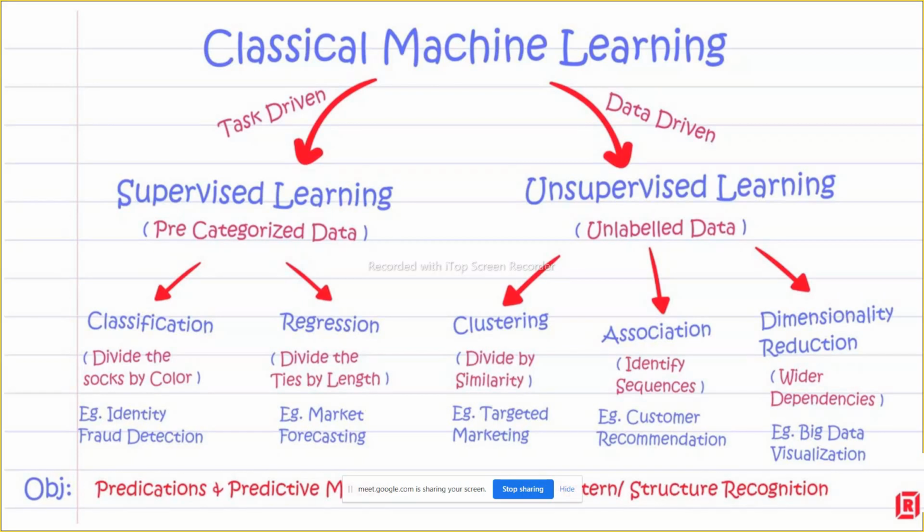So when you use the supervised method, you must have training data or pre-categorized data. When you use the unsupervised machine learning method, you don't need any training data, or any data to run the model. But with the supervised model, you must have pre-categorized training data.